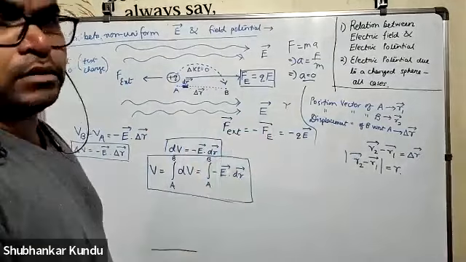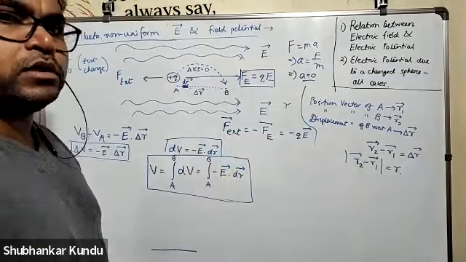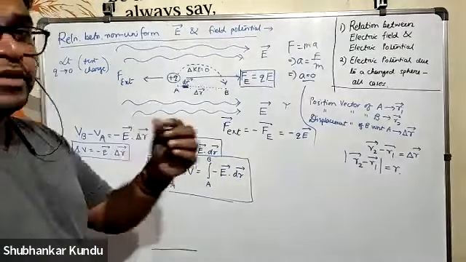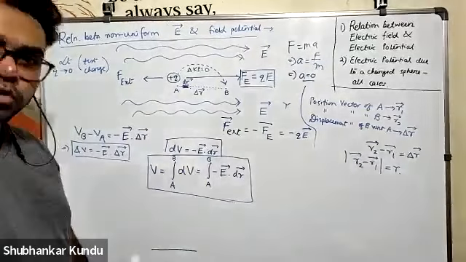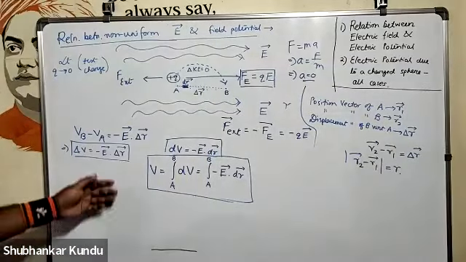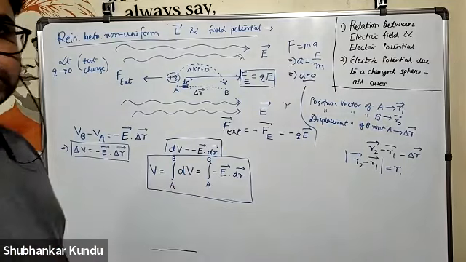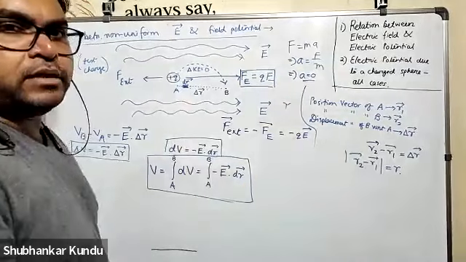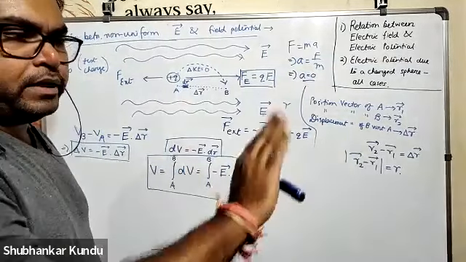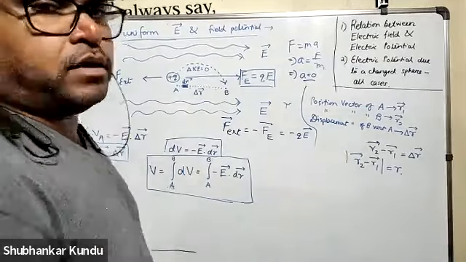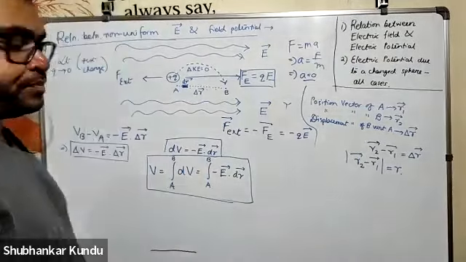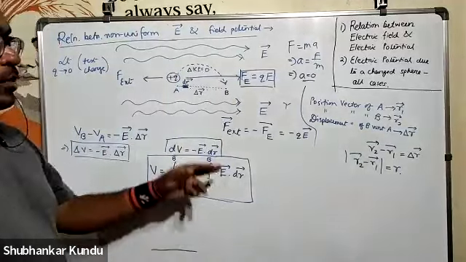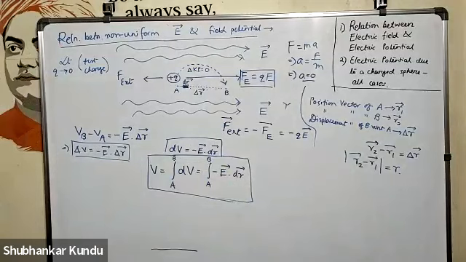So dr is a very small length. At this small length, the field value will be constant. And for a constant field along this length dr, we'll have a very small potential difference dV, which will be given by the concept of uniform field. So dV will be equal to minus E dot dr. Now from A to B, we'll have infinite small dV's. We'll integrate and calculate the total potential difference between A and B. Limits should be from where you begin to where you end, lower limit, higher limit, A to B. Clear?